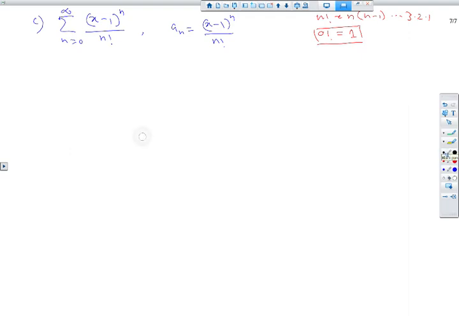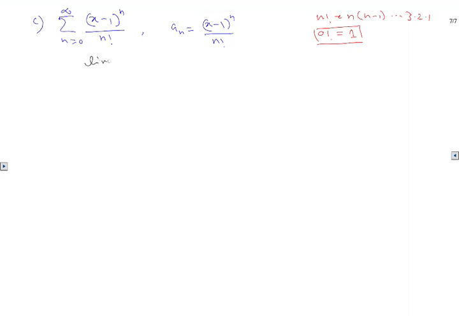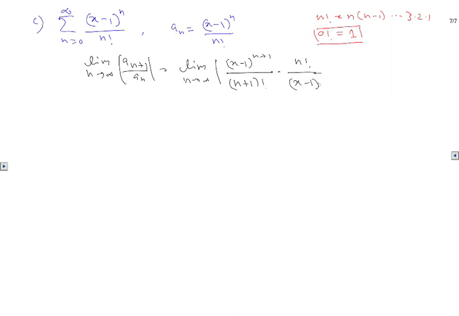Okay, so as before, let's take the limit as n goes to infinity of the absolute value of a_(n+1) over a_n. So let's plug in here. It is (x minus 1) to the n plus 1, over (n plus 1) factorial, times n factorial over (x minus 1) to the n.